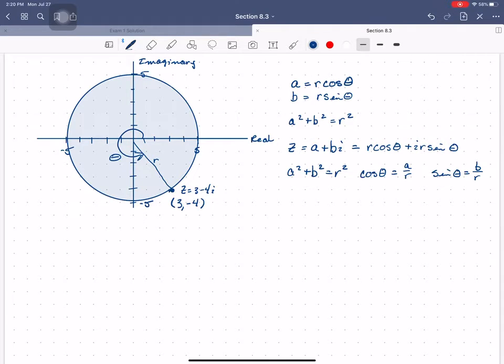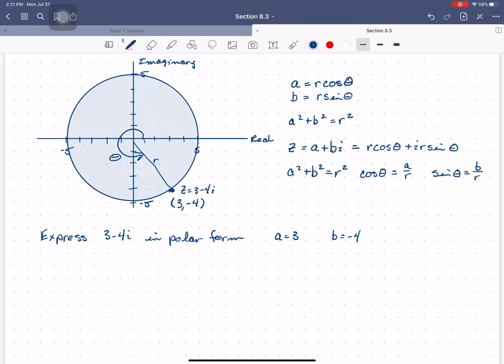So let's take the number we've got right here. Let's express 3 minus 4i in polar form. Okay, so a equals 3, b equals -4.